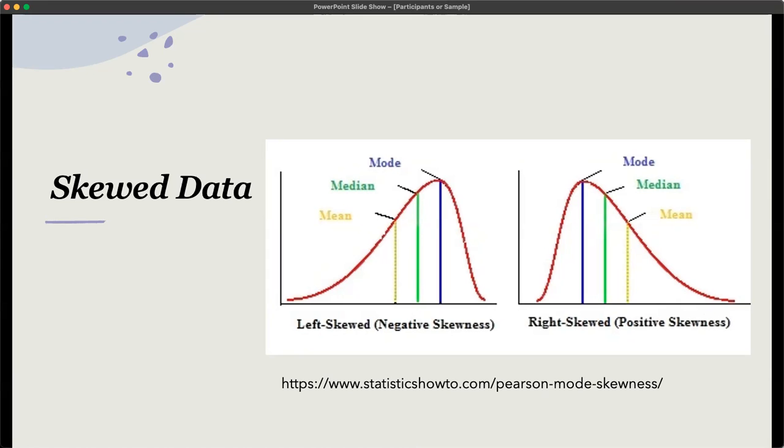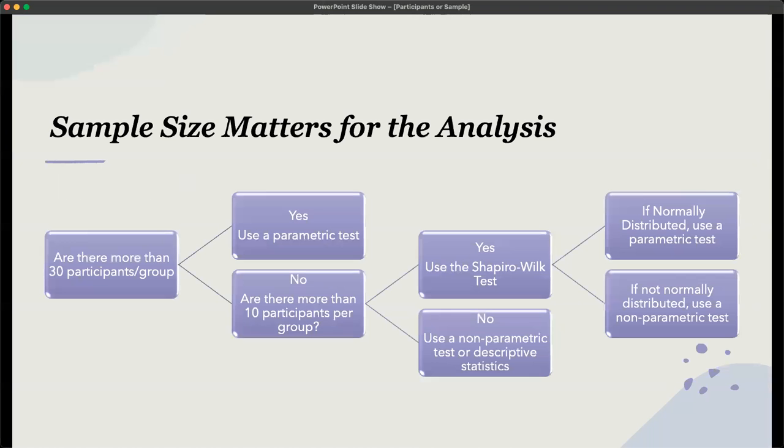So for our population, if we have a small sample size, we need to see that regular distribution, that regular bell curve. What you will do if you have a small sample size, first thing we're going to look at in the first box to the left: are there more than 30 participants per group?